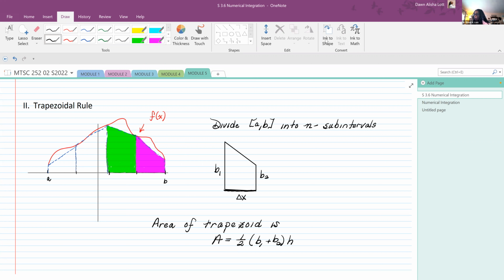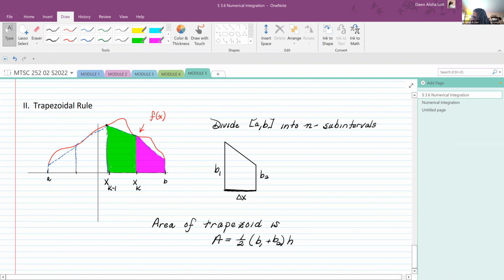All right, so now if I come back over here, notice that for this trapezoid right here, if I make this x sub k minus 1, and I make this one x sub k, then this height is f of x sub k minus 1, and this height is f of x sub k.